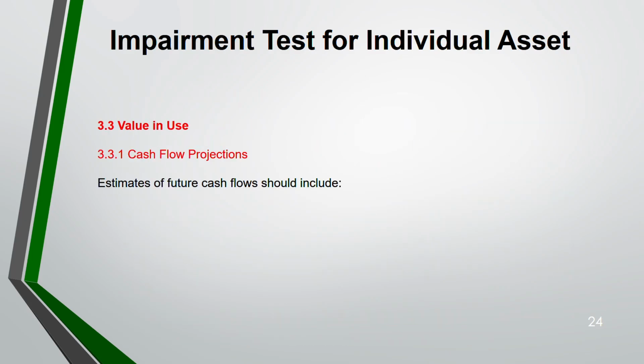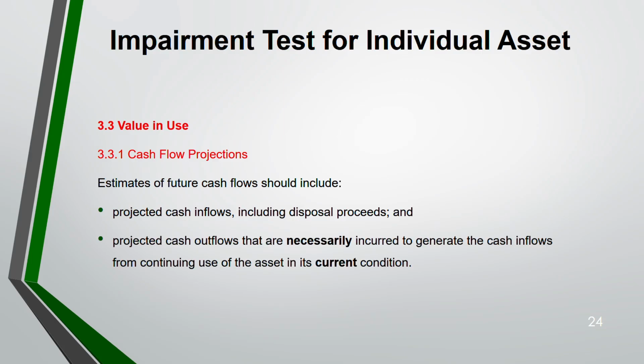Now, estimates of the future cash flow should include your projected cash inflows, including your disposal proceeds, because disposal proceeds are also a cash inflow for you, and projected cash outflows that are necessary to generate cash inflow from continuing use of the asset in its current condition.